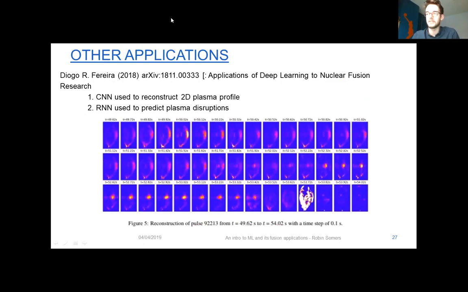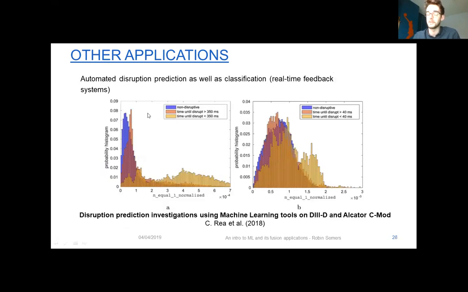Other applications include reconstruction of plasma 2D profile in this nice paper by Diogo Ferreira, whom I don't know, but he seems to be a very good scientist. And so this can be done by using a convolutional neural network or a recurrent neural network to predict plasma disruptions. This is also very popular, and the main use of machine learning is disruption prediction, basically very close to what we are doing.